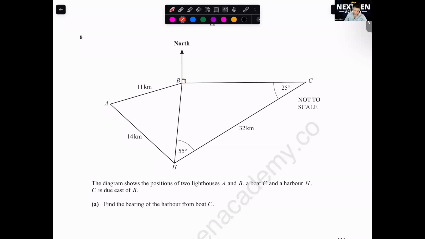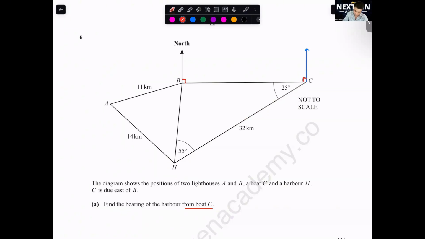So find the bearing of the harbor from boat C. Where is the harbor? Harbor from boat C, here. So what would be the calculation for this? You can draw this out. This is also 90 degrees.